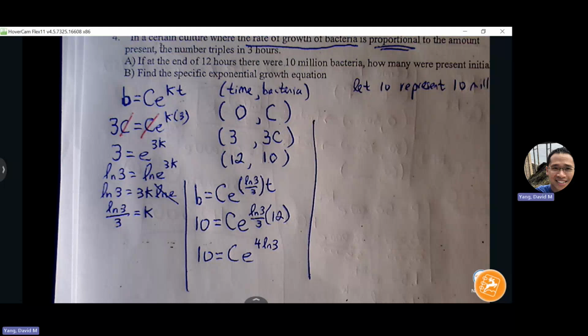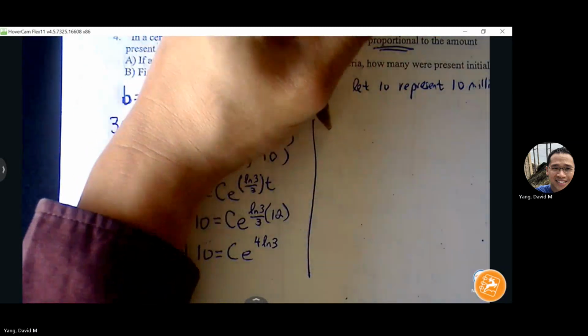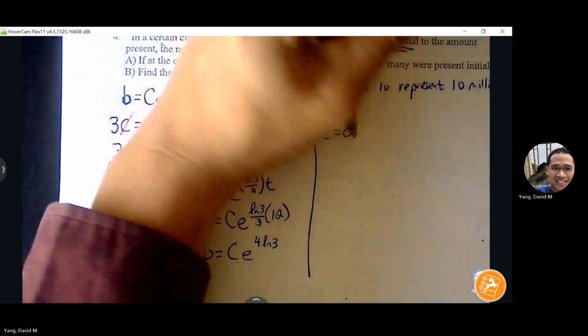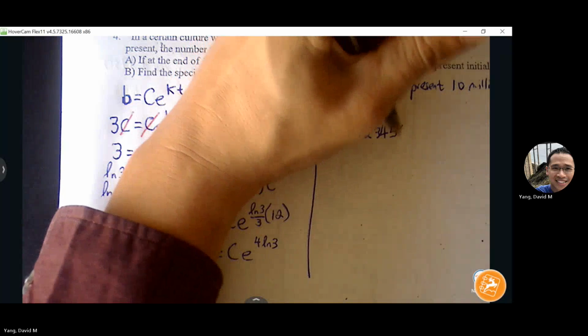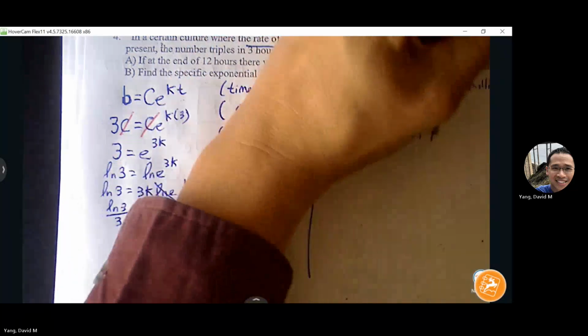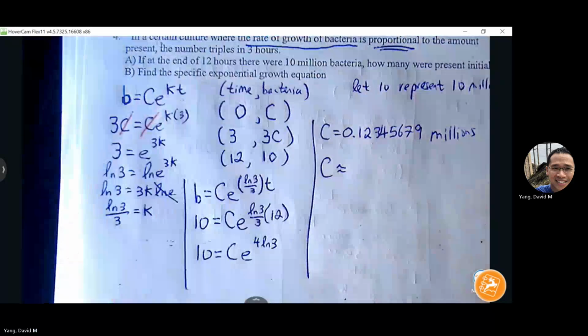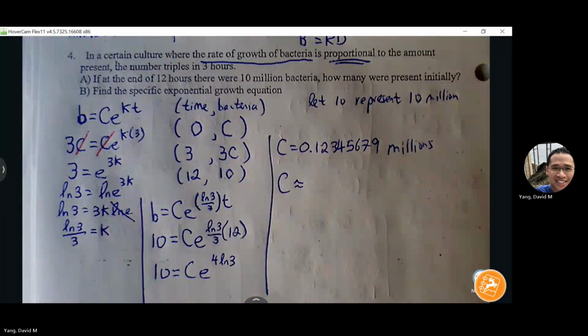10 divided by e to the 4 natural log of 3. Point 123. But you're approximating it early though.